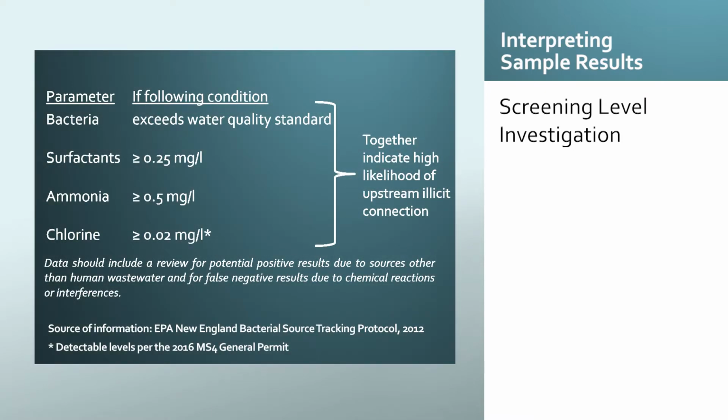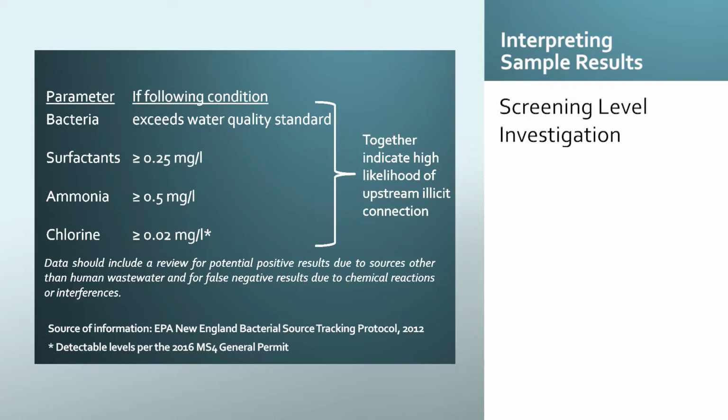The EPA New England Bacterial Source Tracking Protocol emphasizes that concurrent sampling and analysis of bacteria, surfactant, ammonia, and total chlorine parameters is the most efficient and cost-effective screening method. Where there are elevated levels of bacteria, surfactants, ammonia, and total chlorine in combination, it indicates a high likelihood of upstream illicit connection.